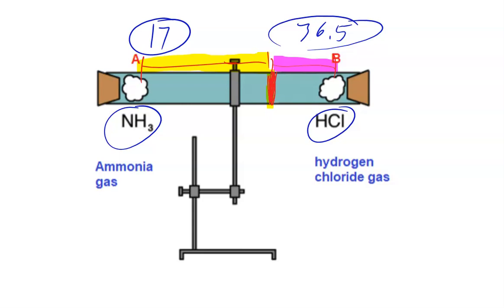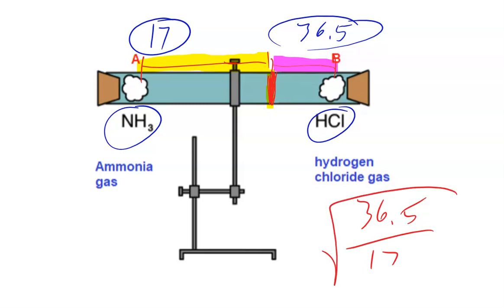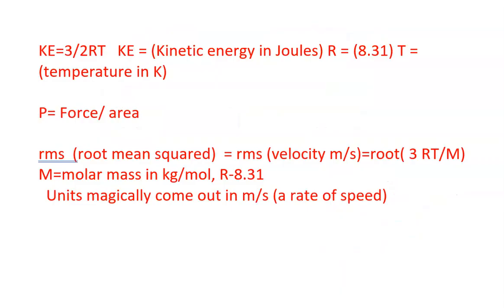If we took 36.5 divided by 17, and took the square root of it, we would see the relative rates and therefore the relative distance. So it's a really easy demo to do. I might show this to you, but it's a nice way to see diffusion rates because it's got a very obvious output. We have several equations that, at least this year, we're not going to deal with.